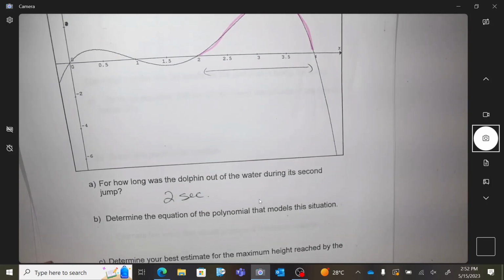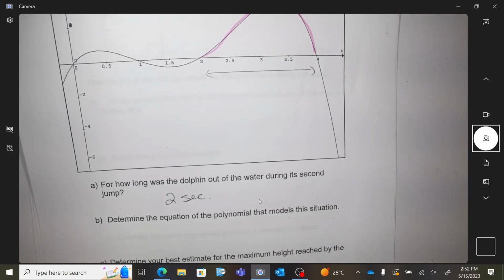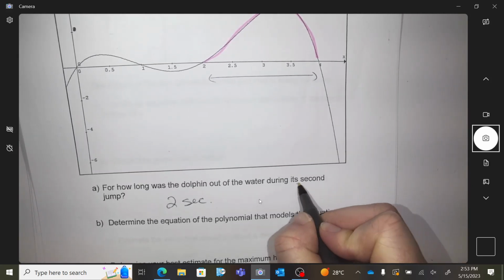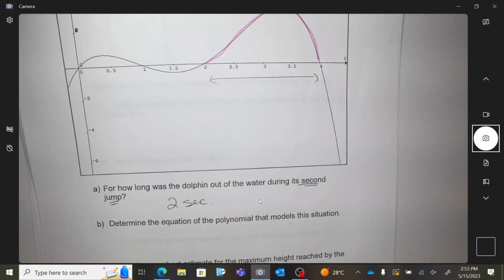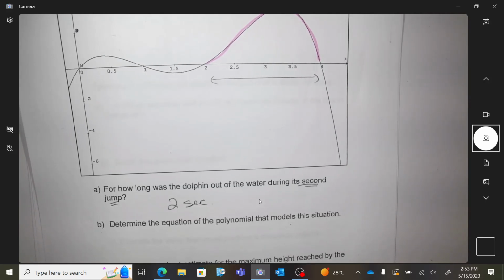Were you going to ask me something? Yeah, but it says during its second jump. That's why. Yep. But if I had asked how long is it out of the water, you would have added. Is that what you were thinking of doing? Yep.